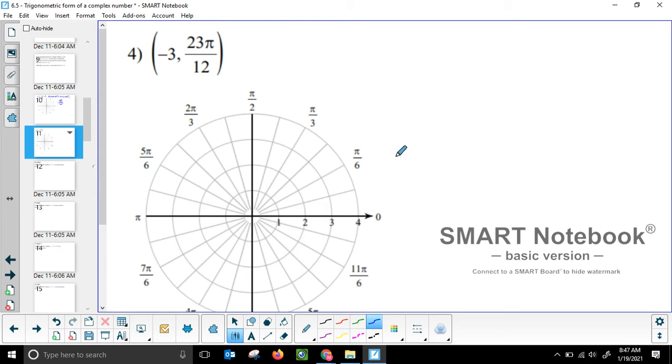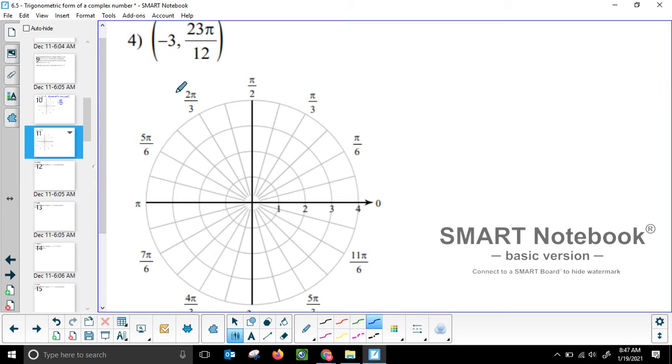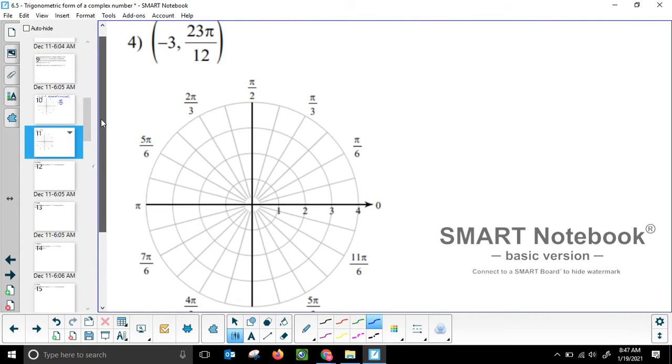Here we can do this again. Now we are back in radians here. With the negative number, it's a little bit different, but not really. Let's go ahead and find our angle first. So this is 23 pi over 12. Obviously this is almost 2 pi, so it should be down here somewhere.